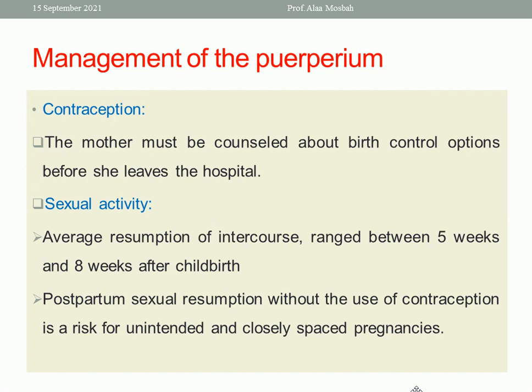Postpartum sexual resumption without the use of contraception is a risk for unintended and closely spaced pregnancy. So, patients should be counseled about the use of contraception before starting sexual activity to avoid closely spaced and unexpected pregnancy.